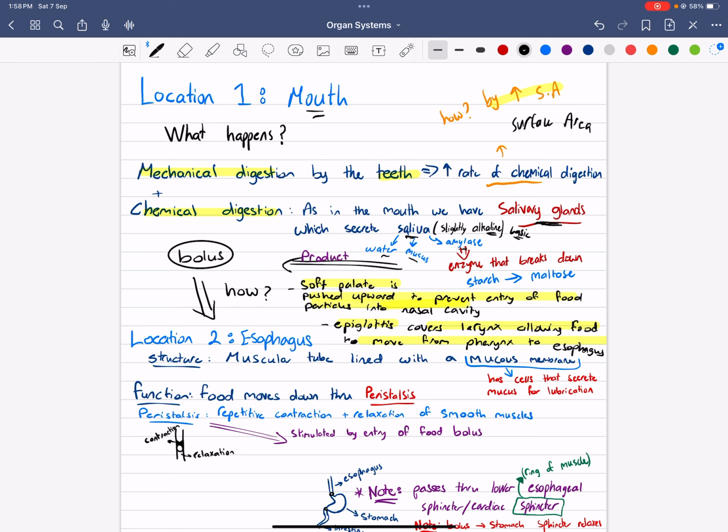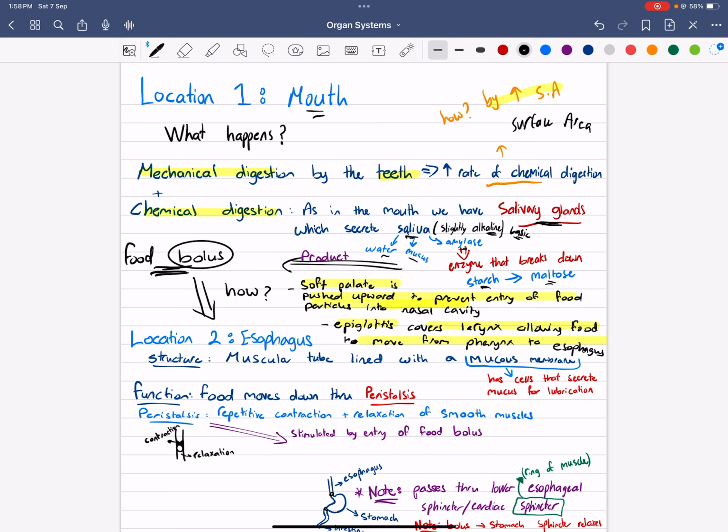This enzyme amylase breaks down starch into maltose, and that's our first form of chemical digestion. Mixing water, mucus, and amylase with the food that we digested, we form something called a food bolus. It's like a ball, and this ball is going to be transported from the mouth into the esophagus.